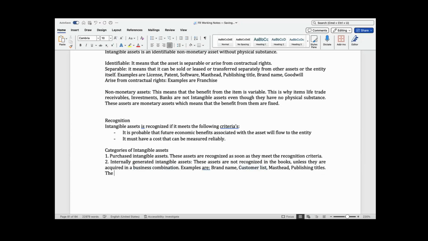And you see, the reason why ordinarily they are not recognized in the books is because we cannot reliably measure the cost of the assets.